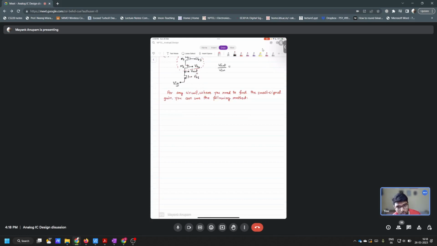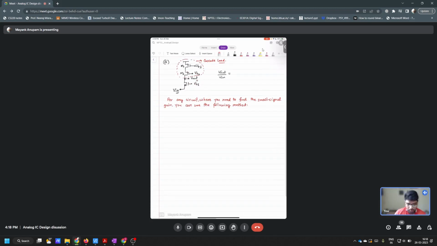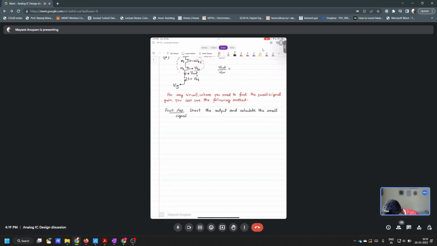We have an input and output, right? So we do two things. The first step is to short the output and calculate the small signal short circuit current.